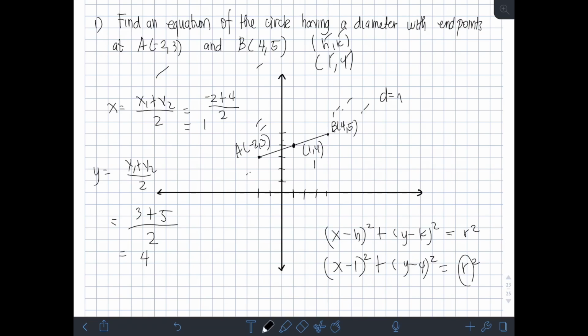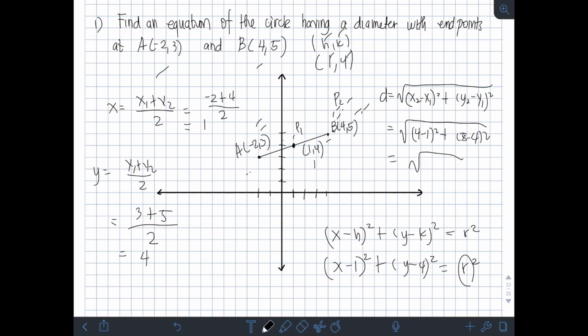The distance formula is equal to the square root of x sub 2 minus x sub 1 quantity squared plus y sub 2 minus y sub 1 quantity squared. So, when we substitute, let's just use B and the center. Let's say point 1 is the center, point 2 is B. So, therefore, x sub 2 minus x sub 1 is 4 minus 1 quantity squared plus y sub 2 minus y sub 1 is 5 minus 4 quantity squared.